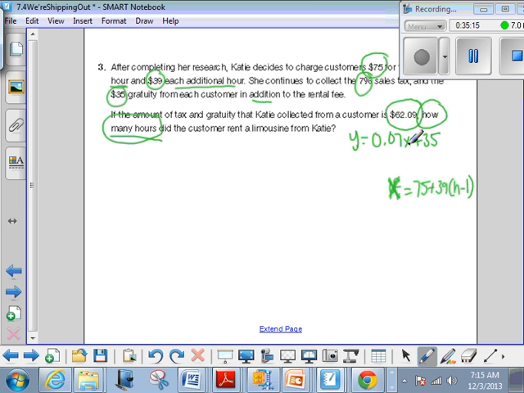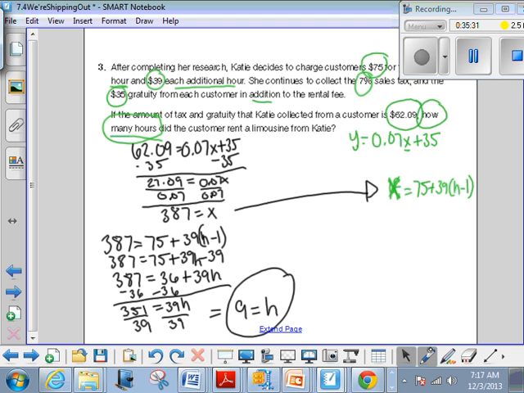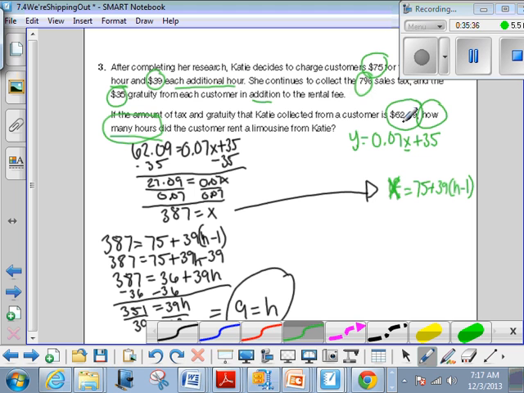Okay, so looking at our problem then, I substituted in Y, our cost for gratuity and tax, was 62.09, and then I solved our equation. I subtracted 35 from both sides, and then I divided both sides by 0.07. And so the total cost of the trip, without fees and gratuity, was $387.